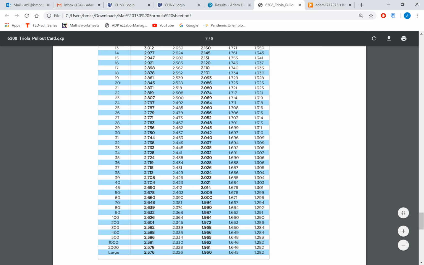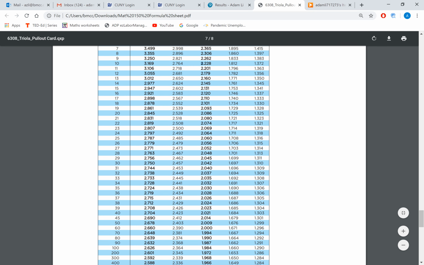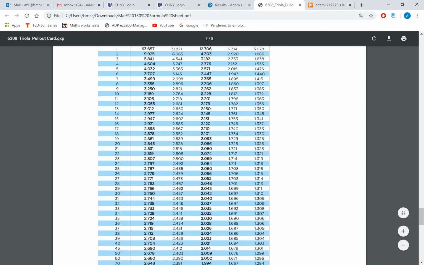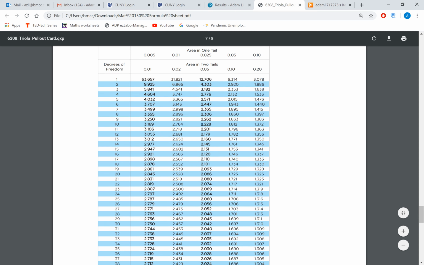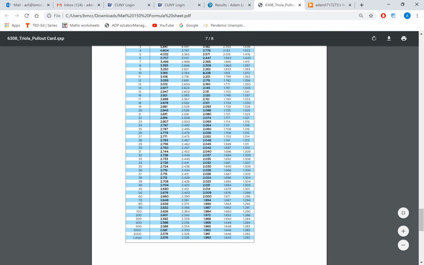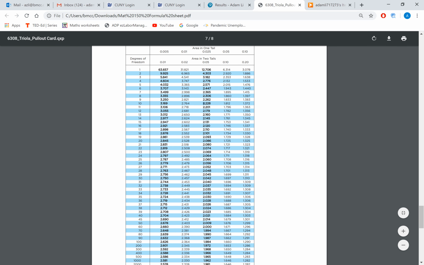We have 50 and 45. 48 is close to 50, so according to this principle, the degree of freedom equals 50, and the area in two tails alpha equals 0.05, and we have an intercept which is 2.009. That's the critical t-score we're looking for here.